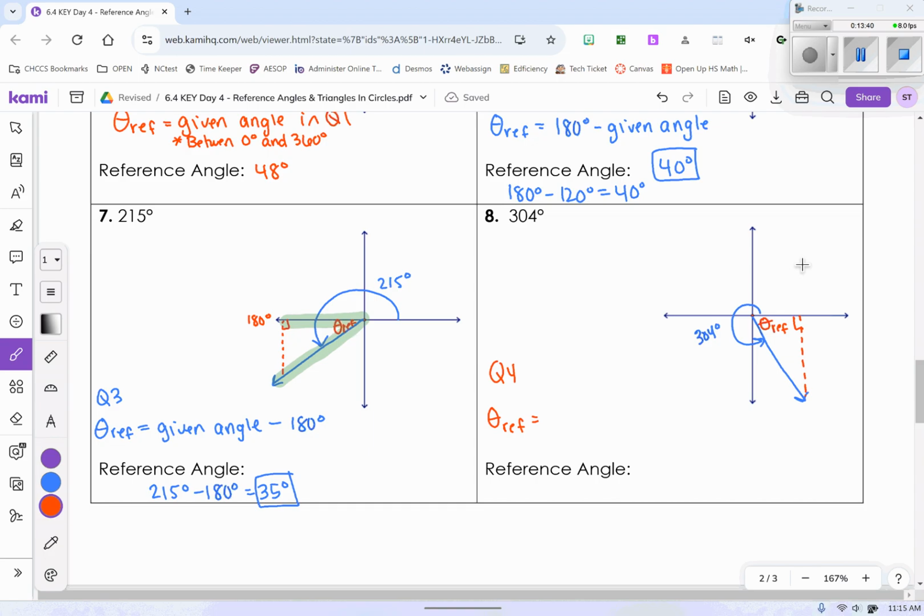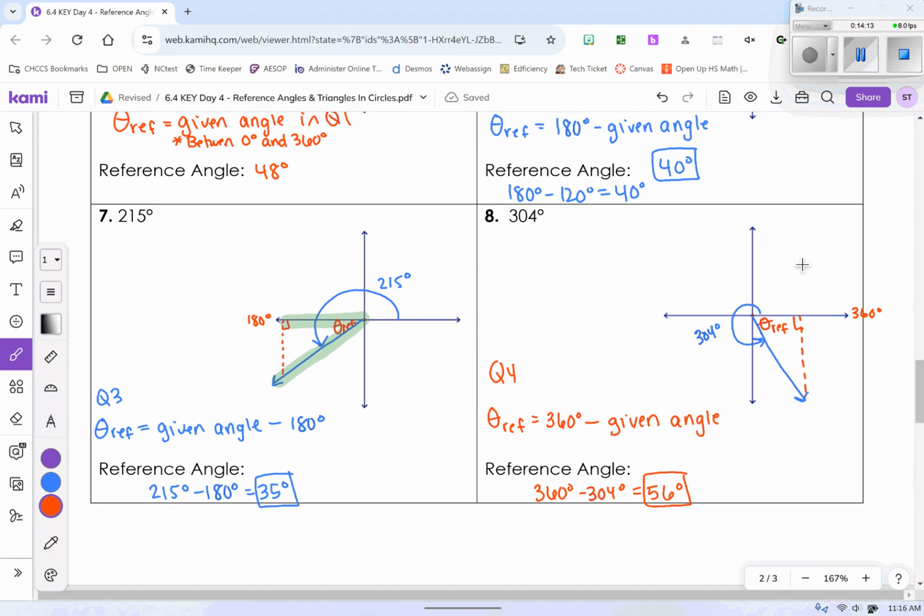Now we have not quite made it all the way around to 360 degrees. So now we're using the positive x-axis, which is all the way around 360 degrees. So to find the reference angle, you're going to take 360 degrees minus the given angle. And again, the given angle has to be between 0 and 360. So in this case, 360 degrees minus 304 degrees, which gives us 56 degrees. So that is our reference angle.